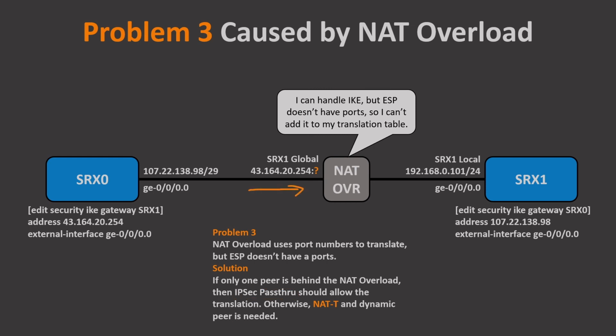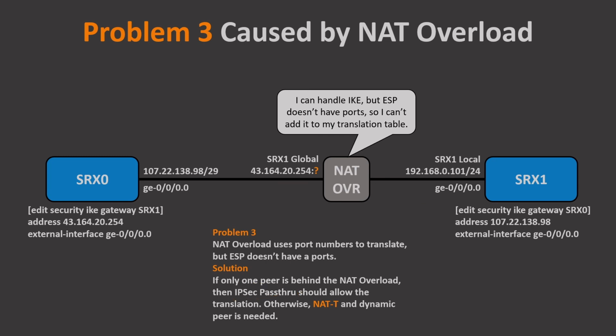So when the ESP traffic comes back, the NAT device will want to send it back to the only device that's sending ESP traffic. But if there are multiple devices sending ESP traffic, they're all using protocol 50. So now it's confused, back in the same boat. It doesn't know which inside host to return the ESP traffic to, and so it doesn't work. So you can't rely on IPsec pass-through all the time, but if you're in a pinch, it works.